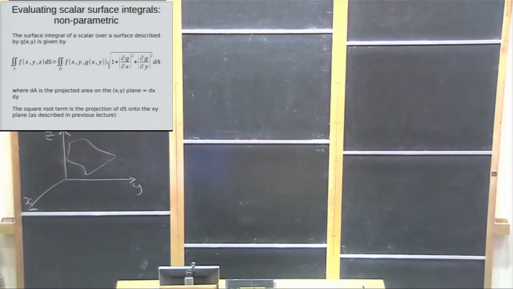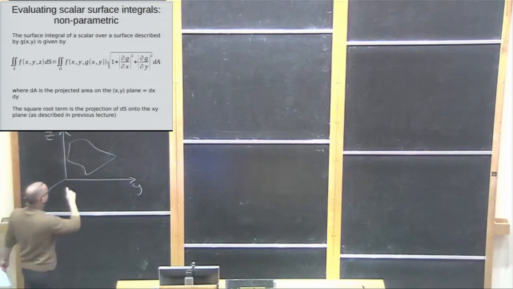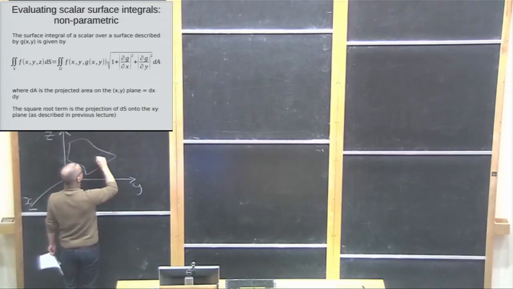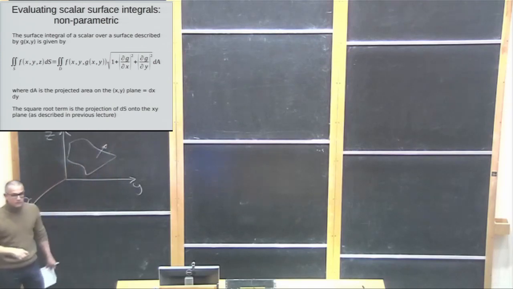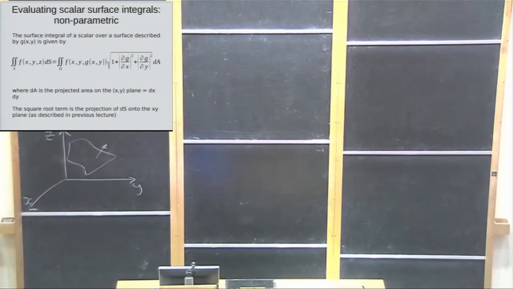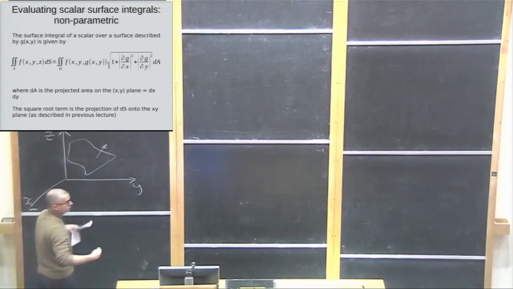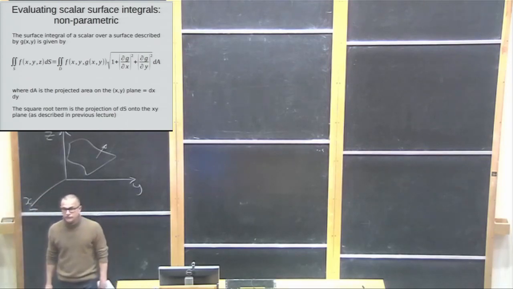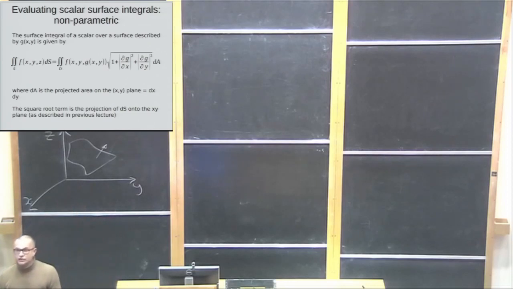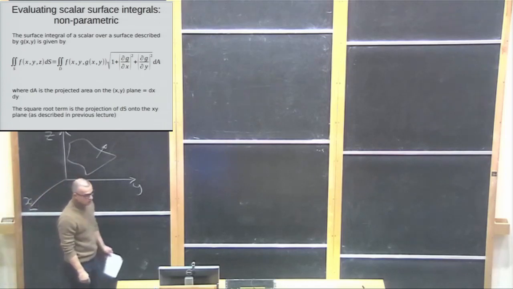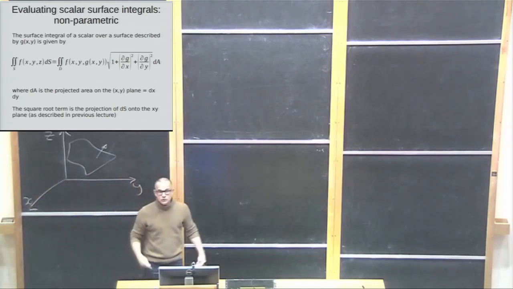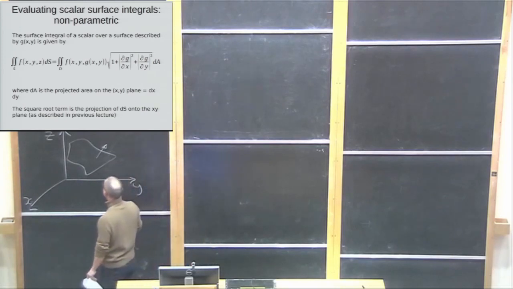Quite a lot of what we were talking about were vector surface integrals, where you needed to work out the normal to the surface at some given point, do a dot product of that with the vector field to give you a scalar, which you then evaluate over the surface. And we talked about the various tricks and methods by which you can do this, the most common of which is to project your surface down onto one of the two-dimensional planes with a correction factor and evaluate it there.